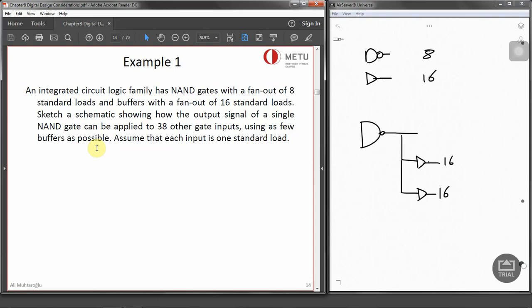Now I have got 32 that I can drive. What is left? We are left with just 6 of them, so these can be driven directly from the NAND gate itself. So in total I can drive 38 gate inputs by the help of these buffers, derived from a single NAND gate. I hope this is clear. This is pretty straightforward. If you have any questions, please do not hesitate to ask me.